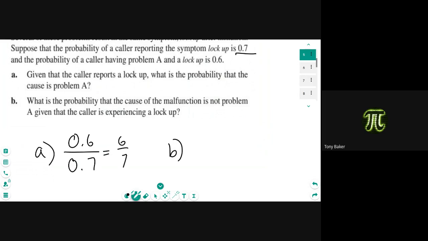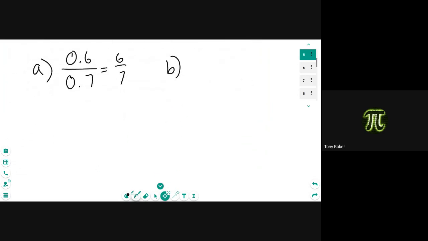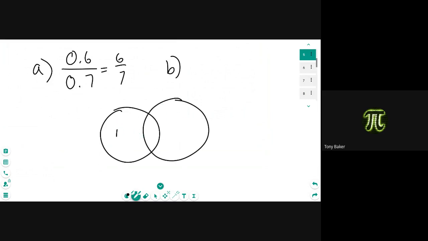Okay. So if we look at this, it's a Venn diagram, right? So that's A, that's lockup. That right there is the 0.6. That is 0.4. That's for all of A, right? Where are you getting 0.4?